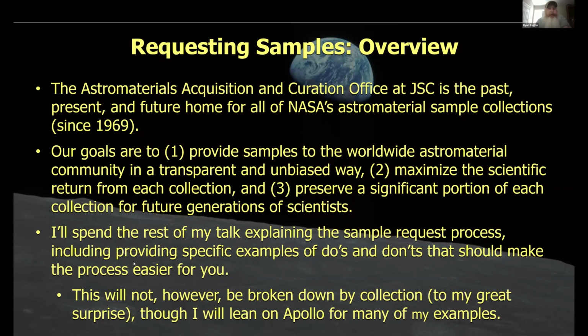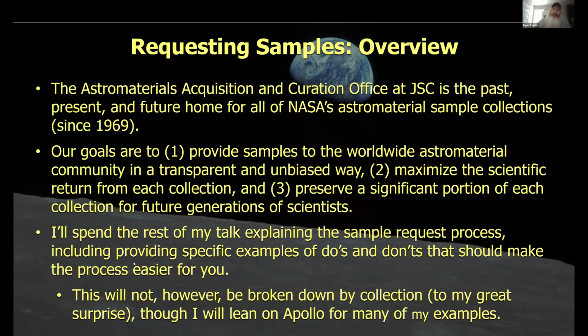We'd really like to maximize the scientific return from each collection, while at the same time, we want to preserve a significant portion of each collection for future generations of scientists. That's why after 55 years, we still have enough of the Apollo samples, and a wide variety of them, that people can still request, and we can fill most of the different requests we get.